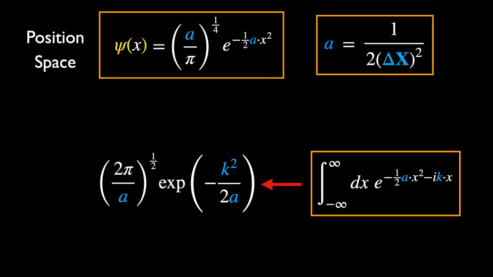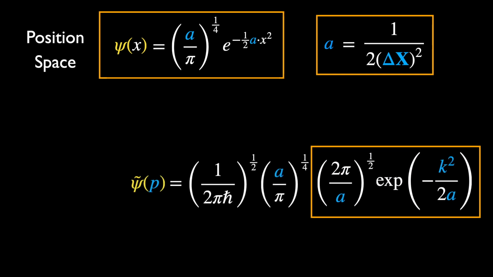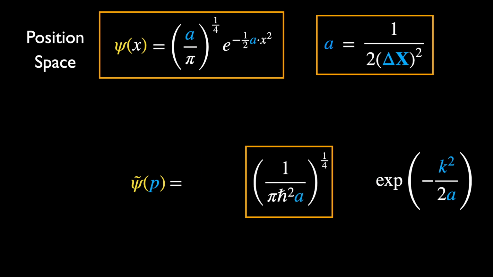Which is then inserted back into the main expression. Now consolidate all the constant factors into a single term. This can be rewritten to match the standard Gaussian form seen above.